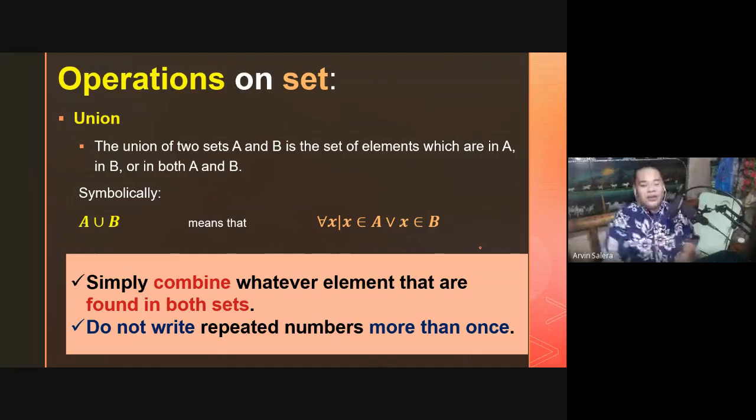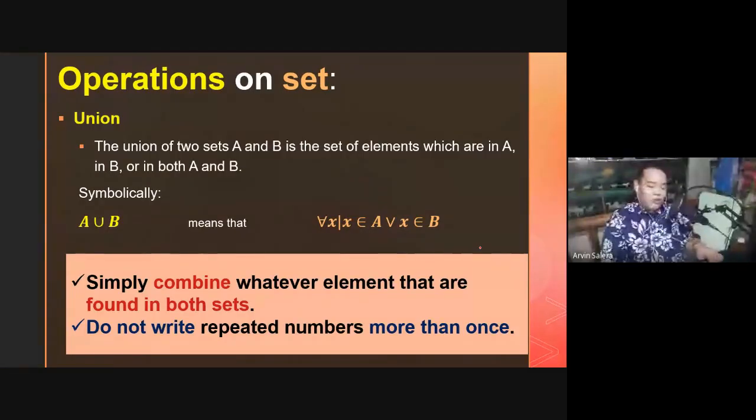Diba? By the way, cardinality is the number of elements inside a set. For example, what's the cardinality of A? 1, 2, 3 man siya. So cardinality is 3. Pila may cardinality ni B? Tulo sad, 3, 4, 5. Now, what's the cardinality of A union B?